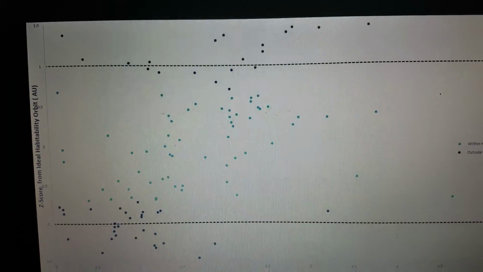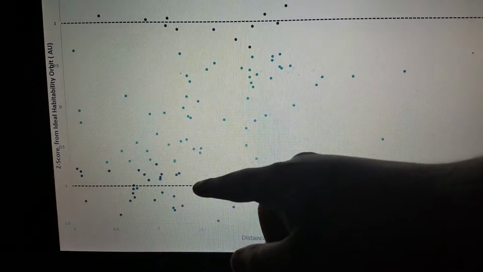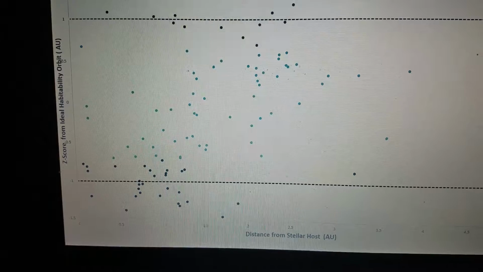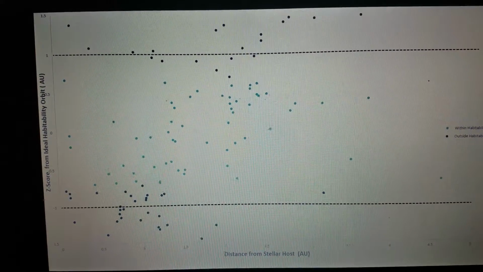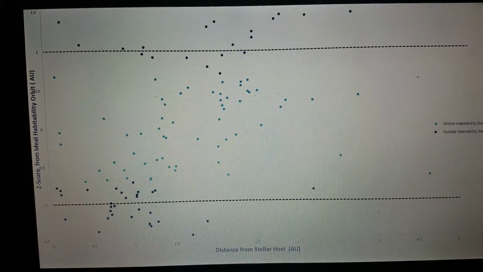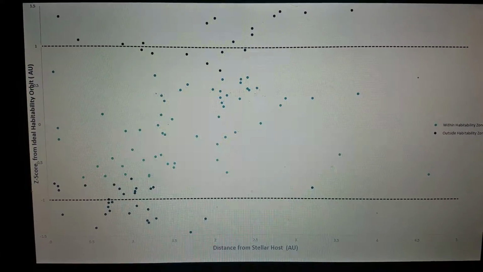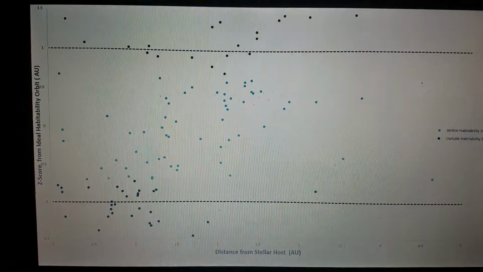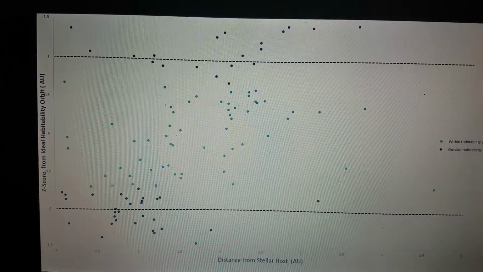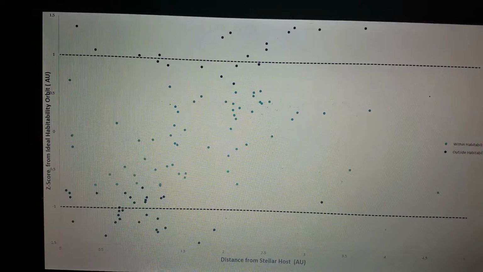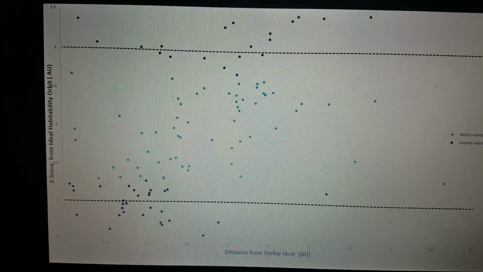And here we see some intersects where the dark blue planets go within, when they're really practically outside the habitability zone with the actual data. This is because this all had to be averaged together and was based on standard deviations. But in the overall scheme of the data, remember, which is this, it's just minute.